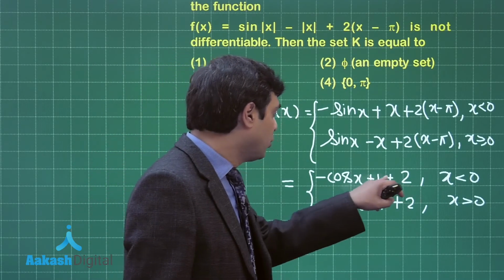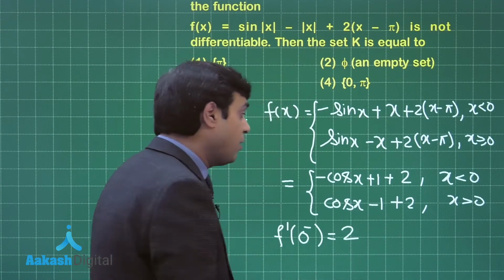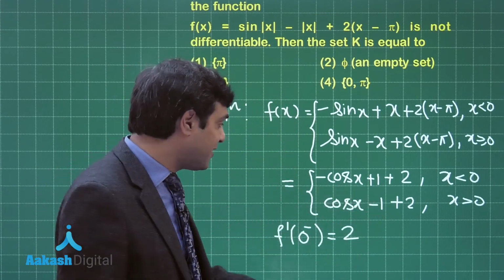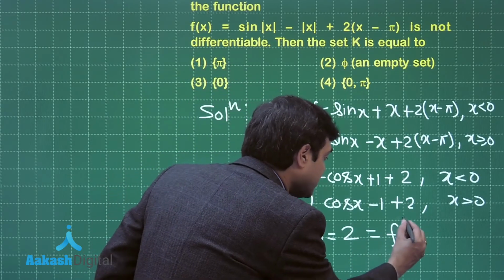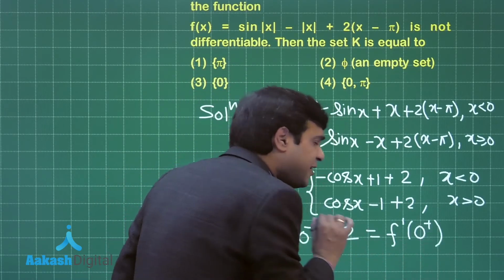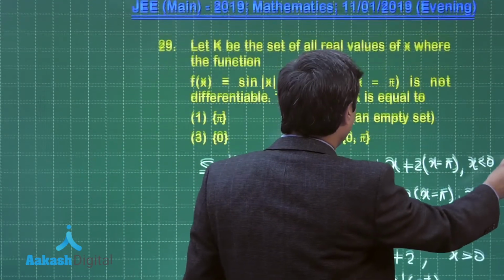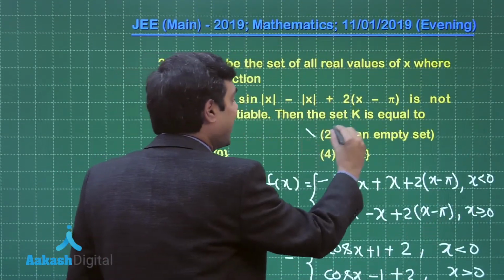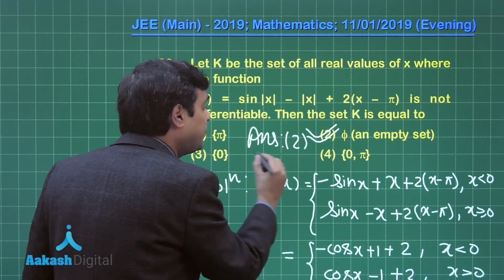You can see 2 plus 1 minus 1. So that gives you 2. When you approach towards 0 from the right side, you can see 2 minus 1 plus 1. That is also same as 2. So clearly the function is differentiable at 0 as well. So function is differentiable everywhere, meaning K is an empty set. So the correct answer for this question is option number 2.